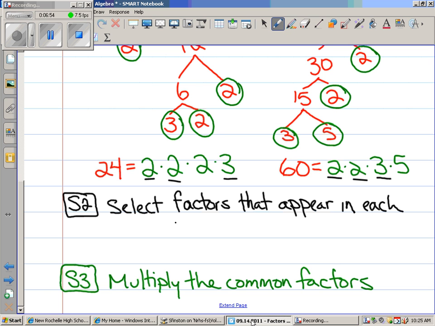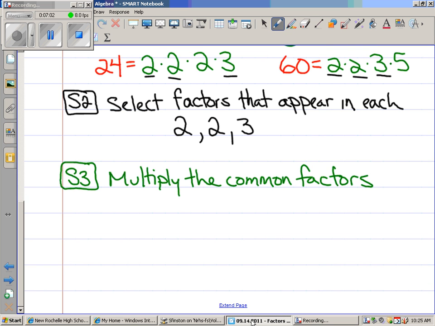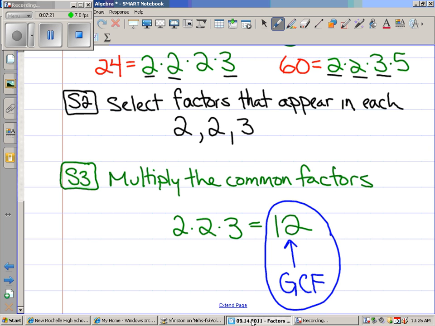And then finally, multiply all those factors together that you just selected. 2 times 2 times 3 is how much? It's 12. And 12 is the GCF, the greatest common factor.